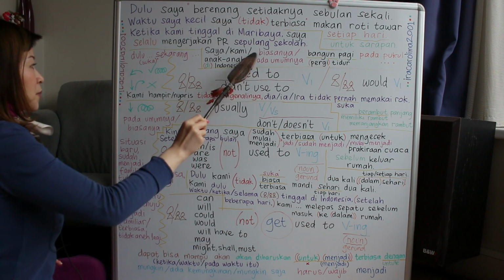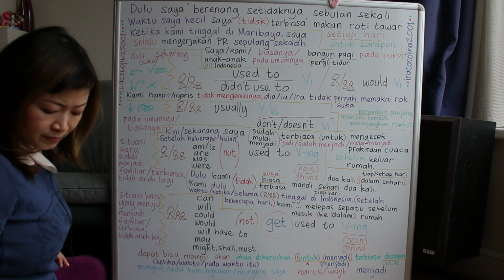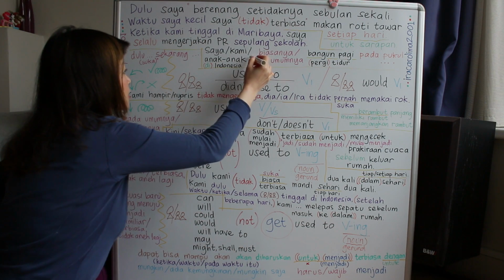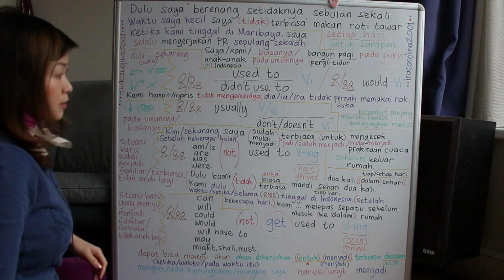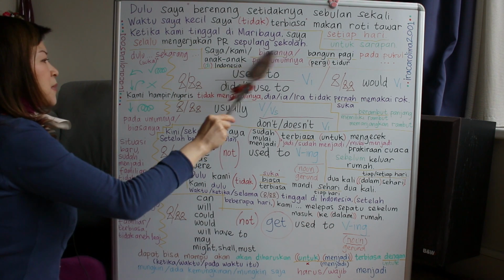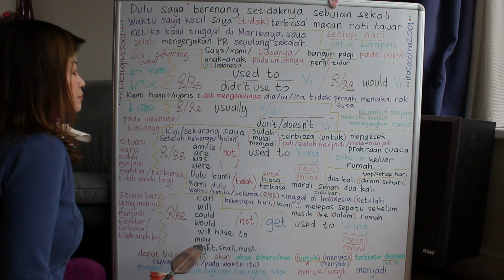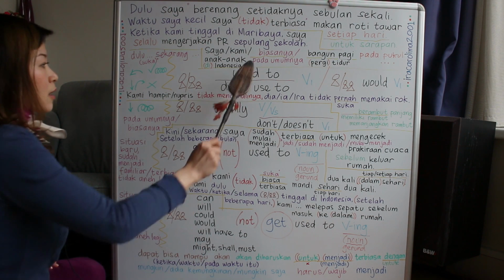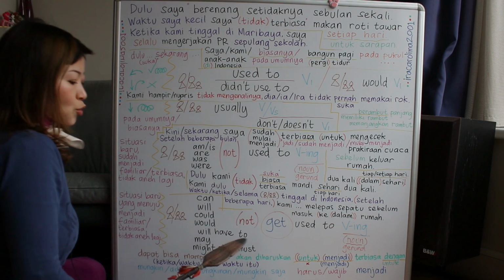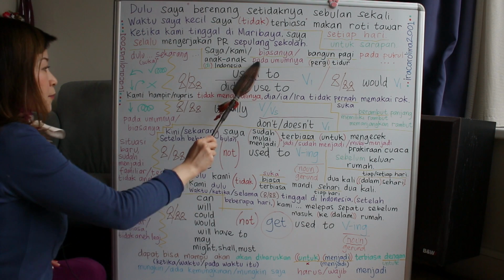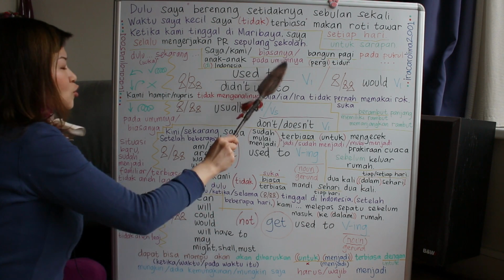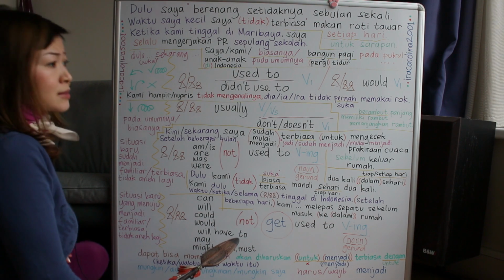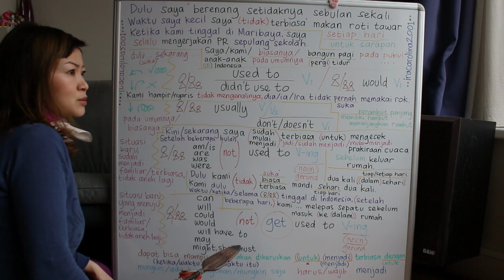You can use biasanya. Forgot to put the yellow stripe here. Biasanya, pada umumnya. Pada is in, umumnya in this case is in, because pada can also be to.